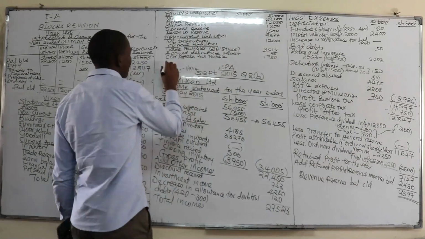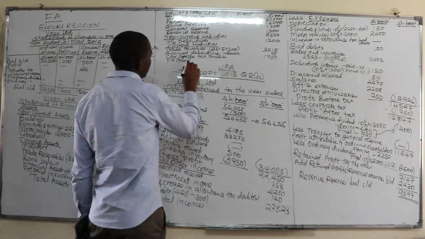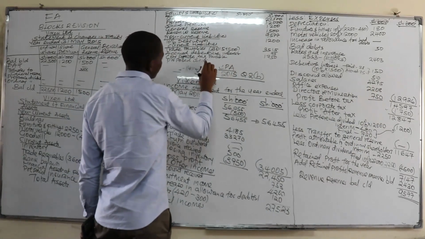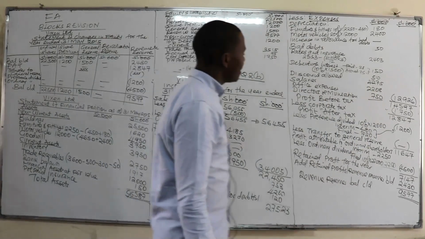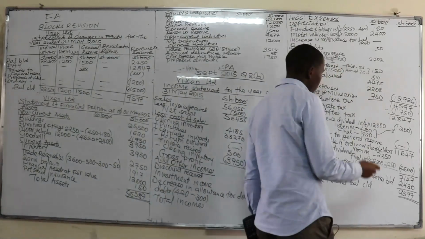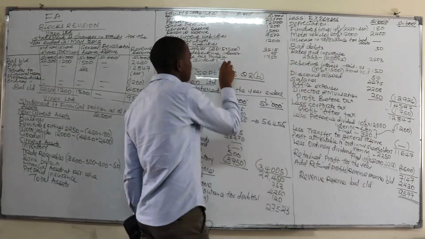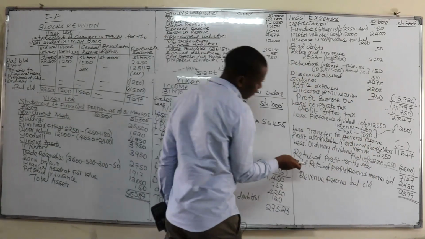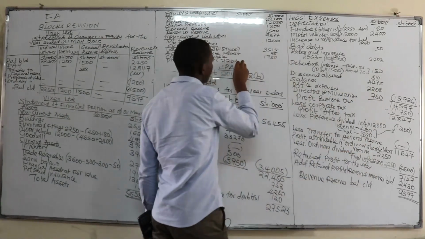And then the last one, we have proposed dividends, which were supposed to be paid both for the interim and for the preference. For preference, they didn't pay the 720, and for the ordinary, they didn't pay the 2,250.